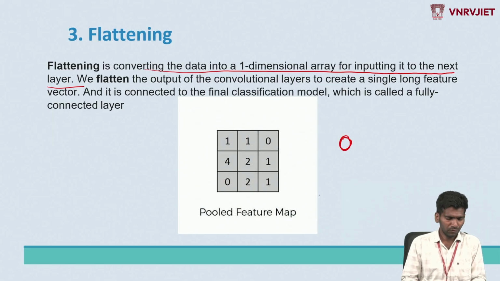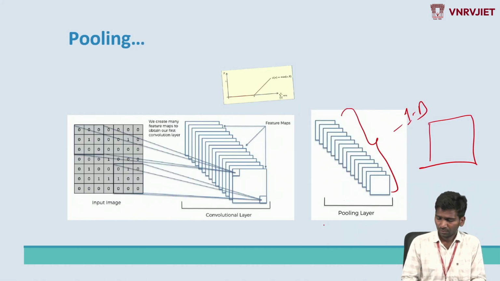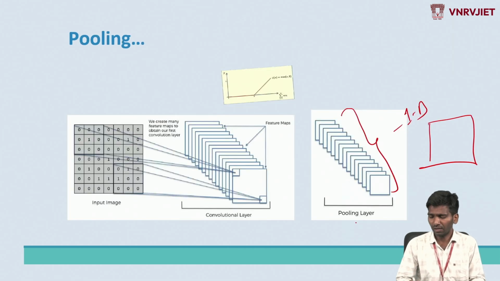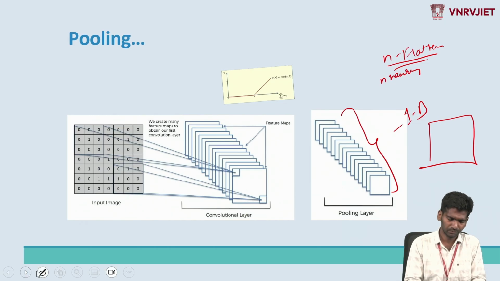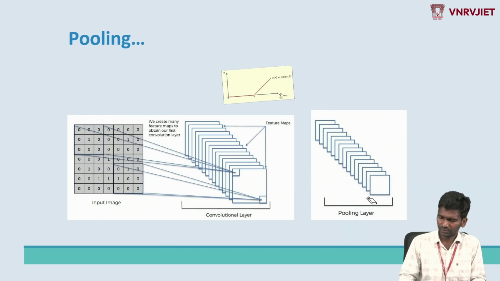For n values, I will get n neurons. So for n pooling layers, how many flattened layers will I get? N flattened layers. So n flattened layers is nothing but n neurons.